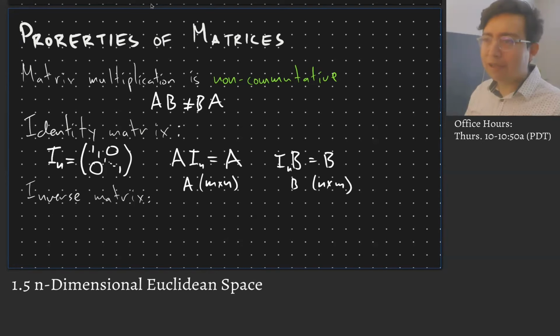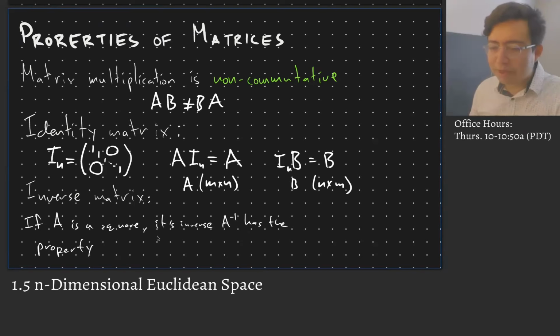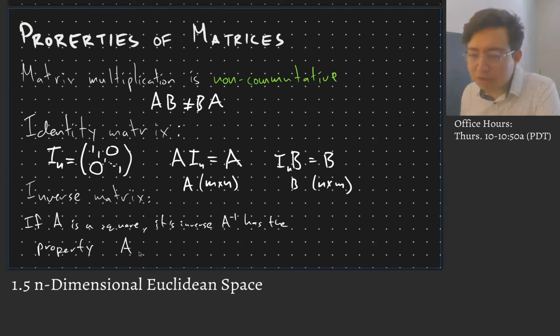So if A is a square matrix, its inverse matrix has the property... so it's also going to be a square matrix of the same size, and basically when you multiply the inverses together in any order, you get the identity back.